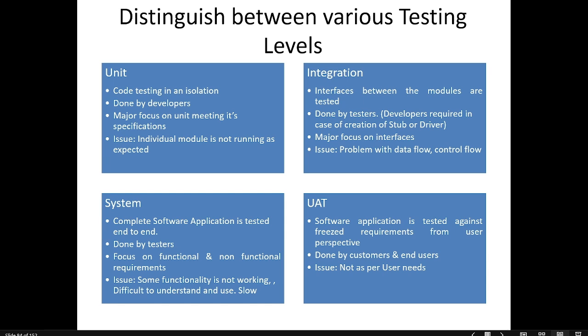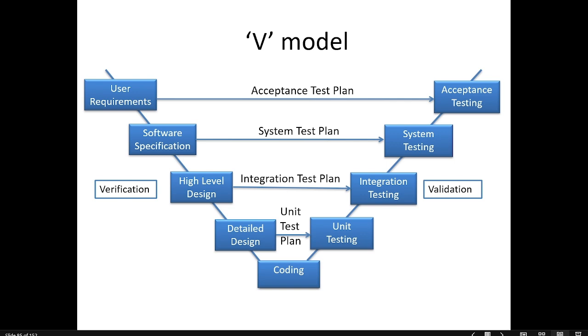Now, answer to the question why these levels exist. In this entire discussion, we have seen when each level of testing is executed, who does it, what is the purpose, and obviously the type of defect at each level is different, and that's why these levels do exist.